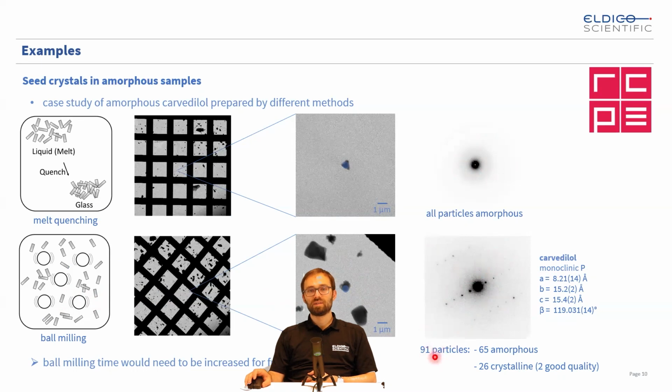And in total, we looked at 91 particles in this case, and 26 of them showed crystallinity, 2 of them even such high crystallinity that can be used for a structure determination. So what we can learn from this experiment is that only one of those 2 methods is really suited to get a fully amorphous material. And if we want to use the other method, ball milling, we would at least have to increase ball milling time to make sure we get a full amorphization.